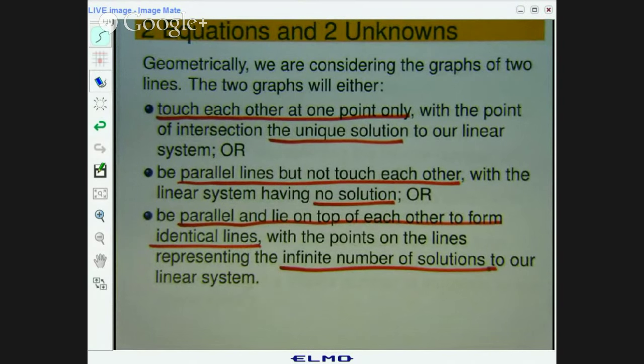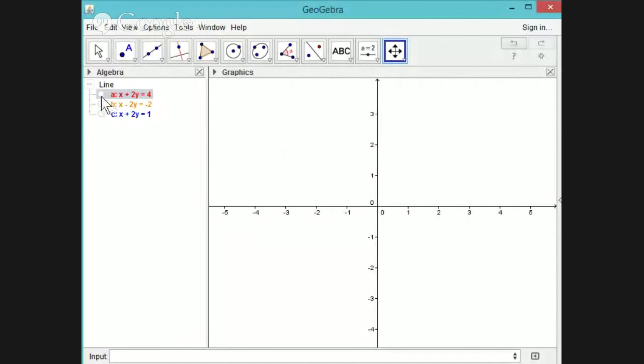Okay, so let me just give you some examples of that, and we can see how it works in practice. Okay, so let me share my Geogebra screen with you. Okay, now let's look at the line x plus 2y equals 4.